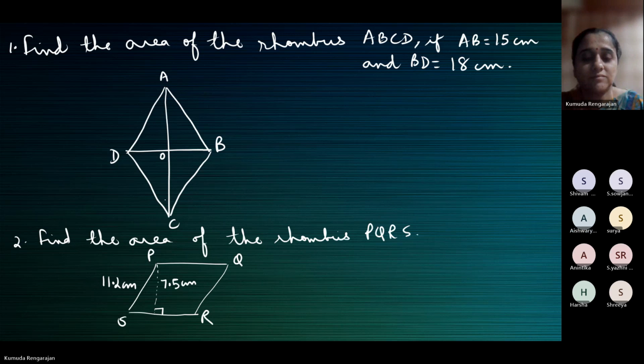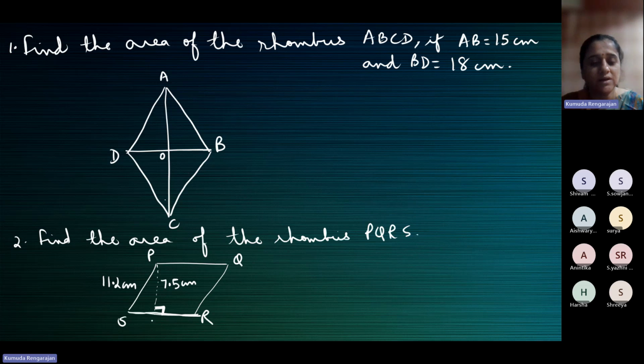So you just took 11.2 as the base and 7.5 as the height, is it? No, you should take SR as the base because the altitude falls on the side SR.